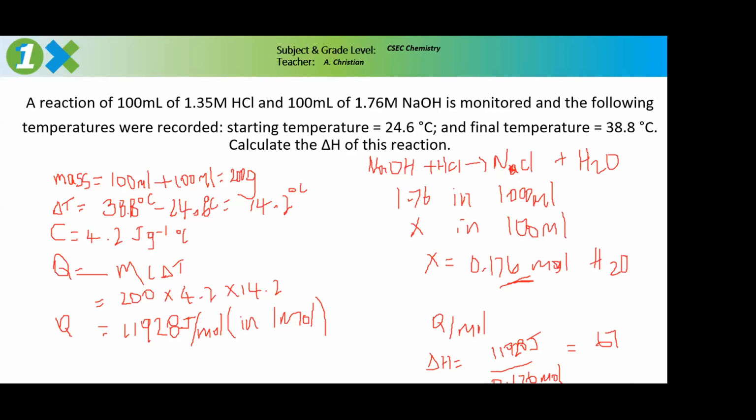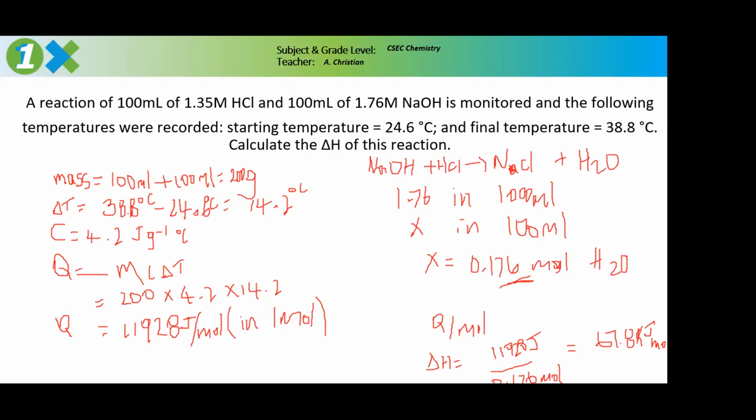While they're working it out, is there any question? Anything I need to clear up? 67.77 or 67.8 kilojoules per mole.